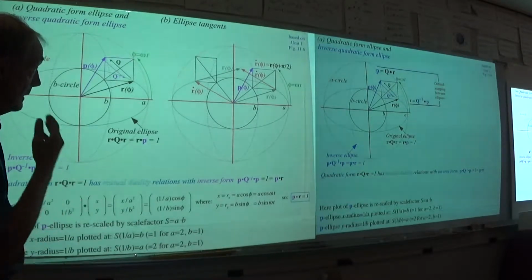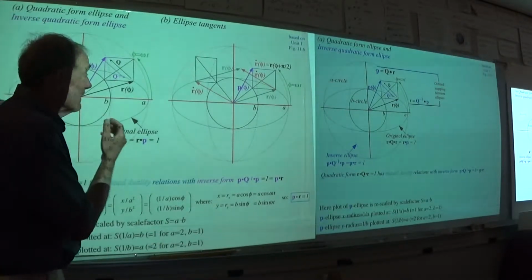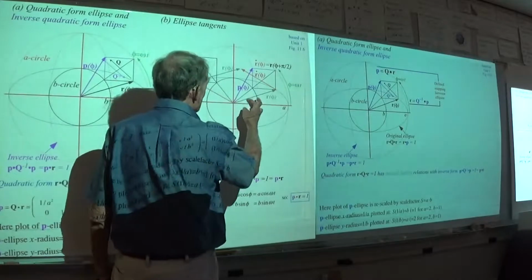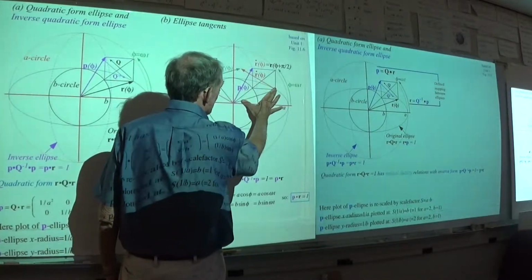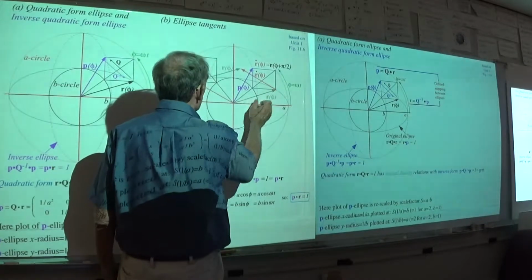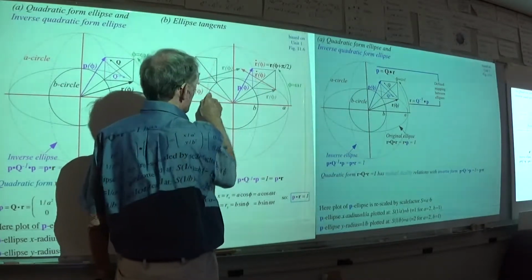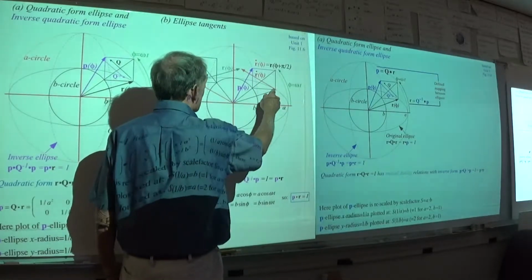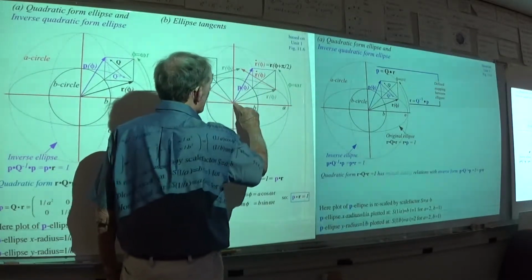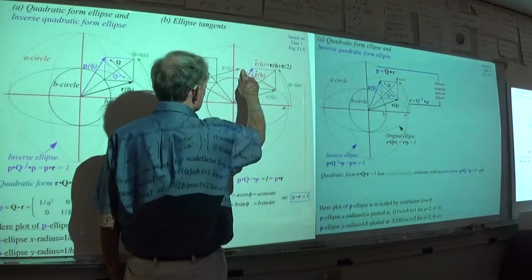So this is a picture of that. And here is the actual tangent, the r dot, for the particular position. There's r dot where it would be if you base it in the center. You have a parallelogram here involving the r here and the r dot there.